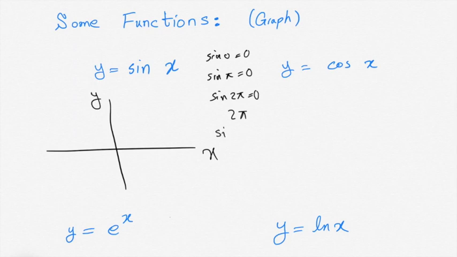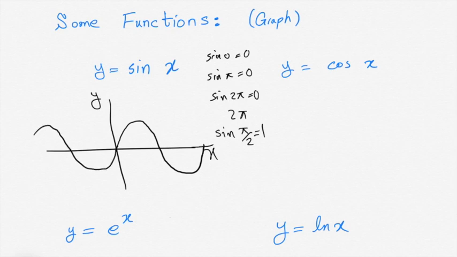And also we know that sine of π over 2 is equal to 1, and it's just important to know some basic things which I am quite sure that you all know and are familiar with.